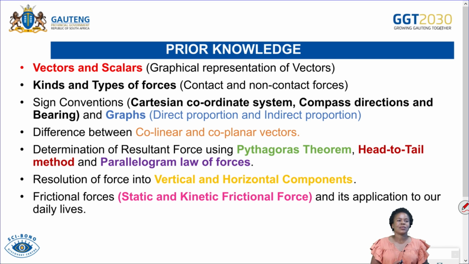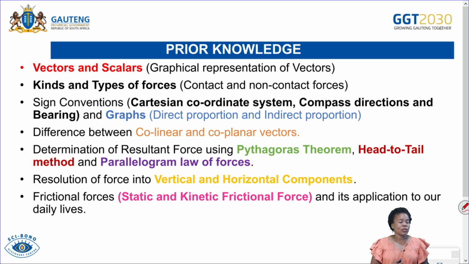And then your graphs, knowing the difference between the direct proportional graph and your indirect proportional graph by looking at the relationship of the two variables, your dependent variable and your independent variable as well. You have to know the difference between a collinear and a coplanar vector by knowing how to define them, and be able to see that this one is a collinear and this one is a coplanar vector.